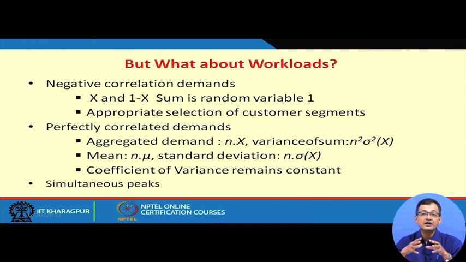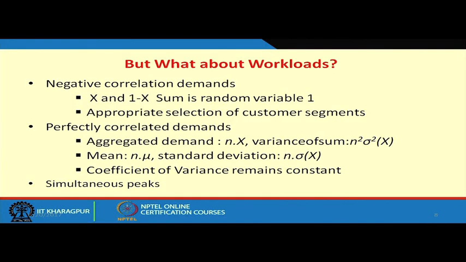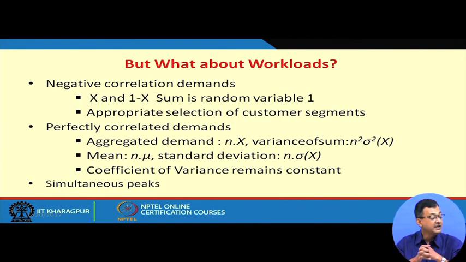So it is compensating, right. If both are working at the same time, then the peak will go much higher, but by selecting negatively correlated demands on the time scale, I could manage those with the same infrastructure. So that selection of the customer base is important when I go on selecting customers.